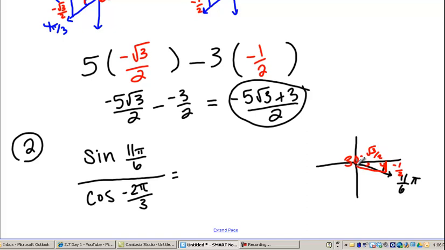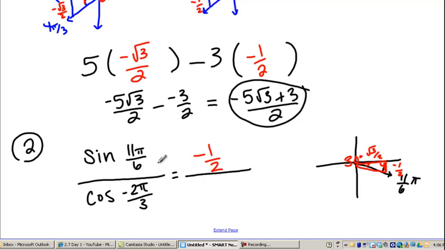So there's my triangle. My triangle looks a little wonky, but you got the idea. So my y value is negative 1/2, x value is positive square root of 3 over 2. The only thing that really matters in this case is our y. So it's negative 1/2.